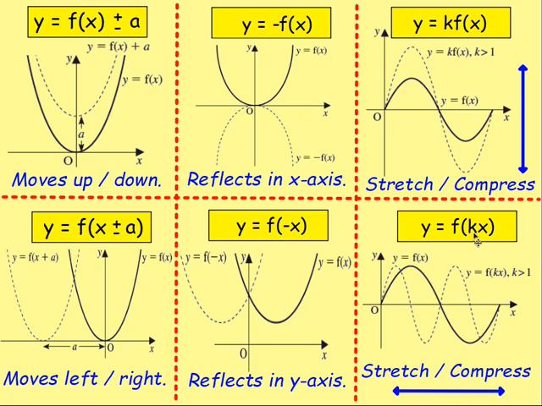So if you have a number that's bigger than 1, it's going to compress the graph. Really, you're halving the value of x. So instead of a maximum at, say, 90, if it was f of 2x, it would only be at 45 there. If you have a fraction in there, that is going to stretch the graph. So it'll stretch and compress horizontally.